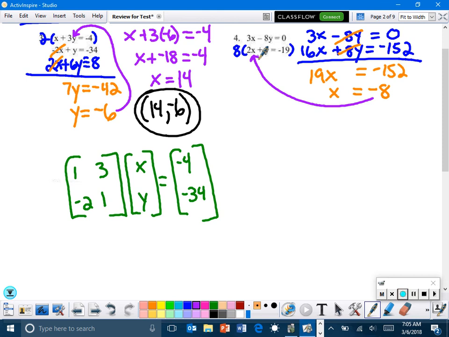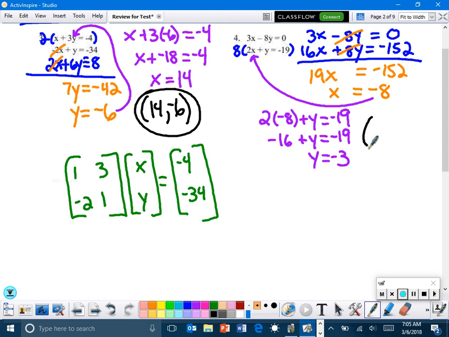So I've got 2 times negative 8 plus y equals negative 19. So negative 16 plus y equals negative 19. Add 16 to both sides, and y equals negative 3. So my solution, negative 8, negative 3.